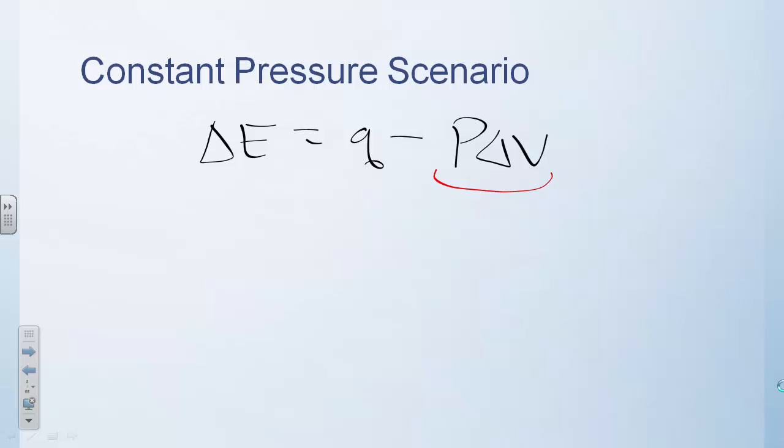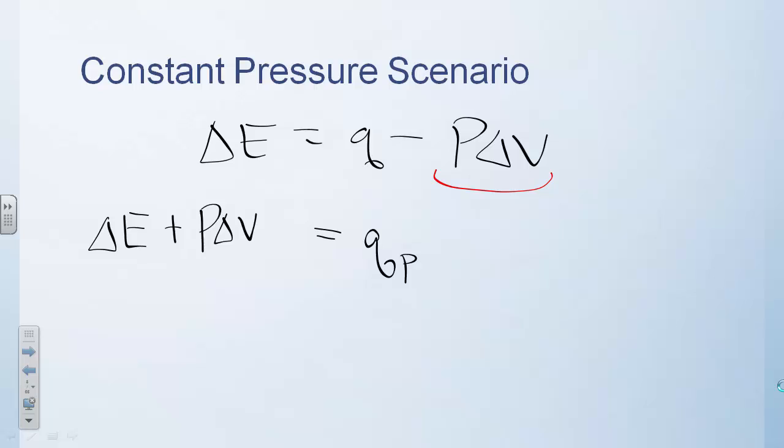What we're going to monitor is the heat flow, Q, and we'll say that Q is equal to delta E plus P delta V. We'll call this Q sub P, in other words, the heat flow under constant pressure. Although this is a little more difficult because we have to keep track of the work and can no longer discount it, it is easy to measure.